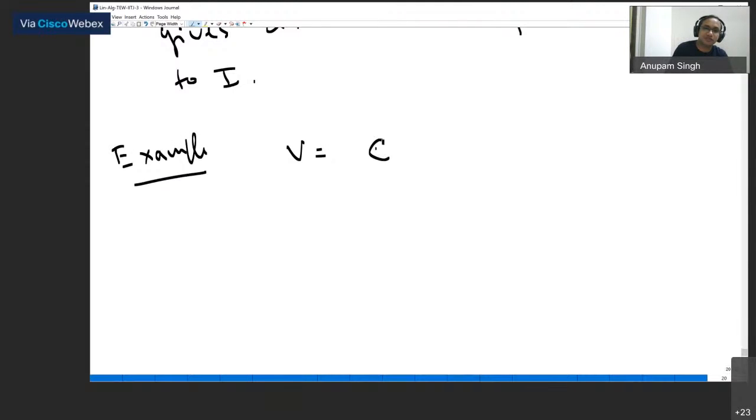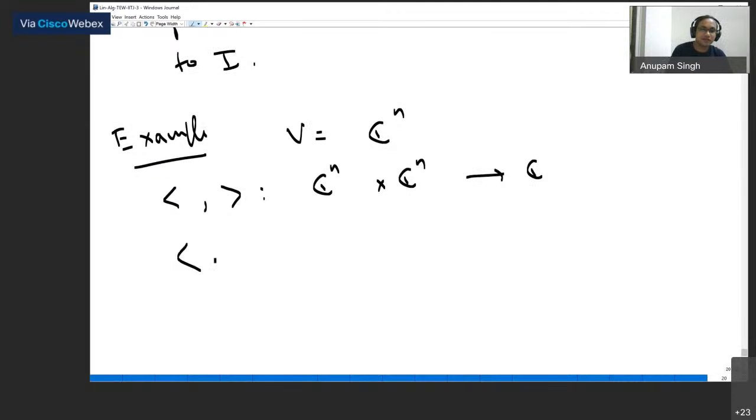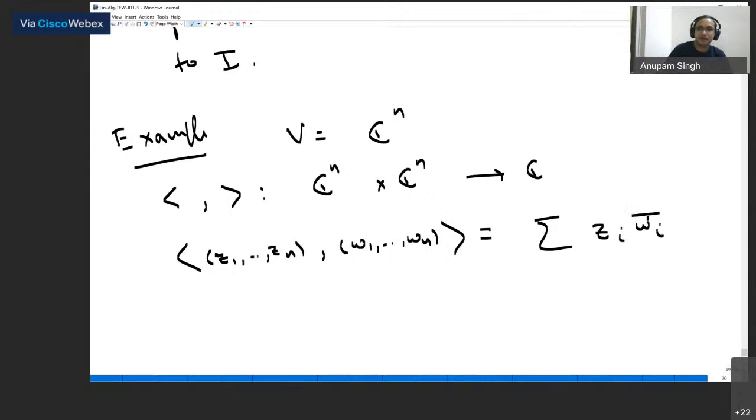Suppose V is C^n, then the inner product is defined on C^n cross C^n to C by, let's say, (z1, z2, ..., zn) and (w1, w2, ..., wn), defined to be the summation over z_i times w_i bar.